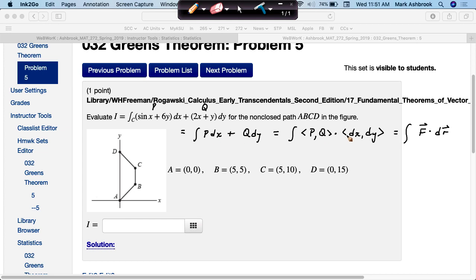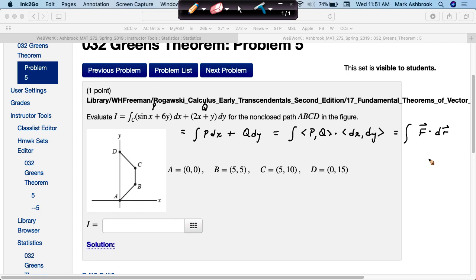So that's PQ dot dx dy. Well, that's our vector field F, and that's dr. So whenever you see this P dx plus Q dy form, it's mathematically equivalent to F dot dr. And I posted that Monday.